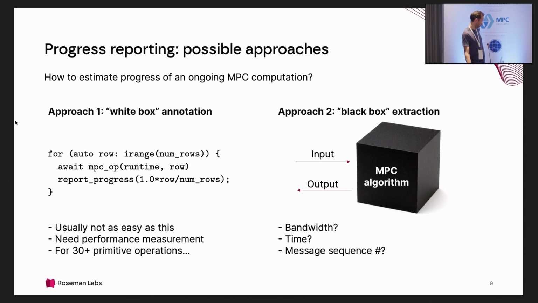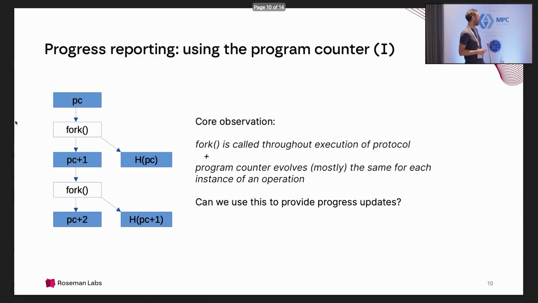So what do we do? Luckily there's a way out. All of these things vary per instance of an operation, but there's one thing that doesn't vary, because it has been specifically designed to be consistent over different executions of the same algorithm. And that is the program counter that I've been talking about. We have our existing implementation of an MPC protocol.